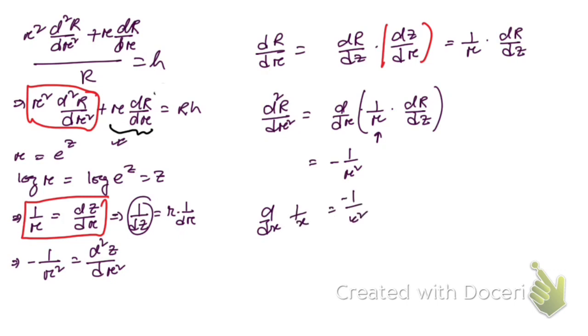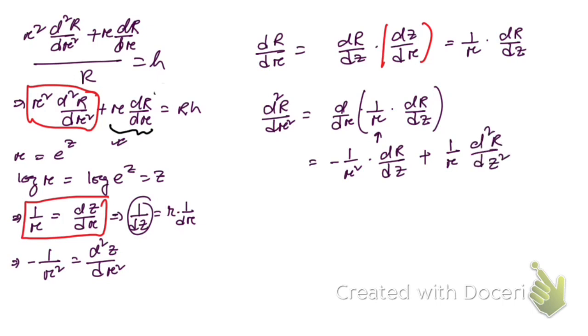So that's what we have done here. So then into second function is dR by dz, and then again derivative of second function into first function. First function is 1 by r, and derivative of second function will be second order derivative of capital R with respect to z. And one more important thing, that when we have differentiated this with respect to r, here we have dR by dz.